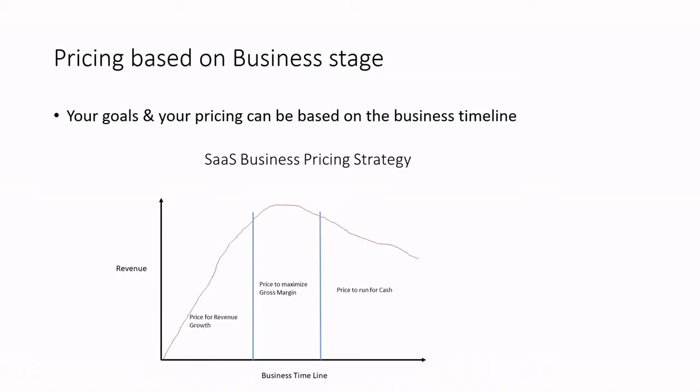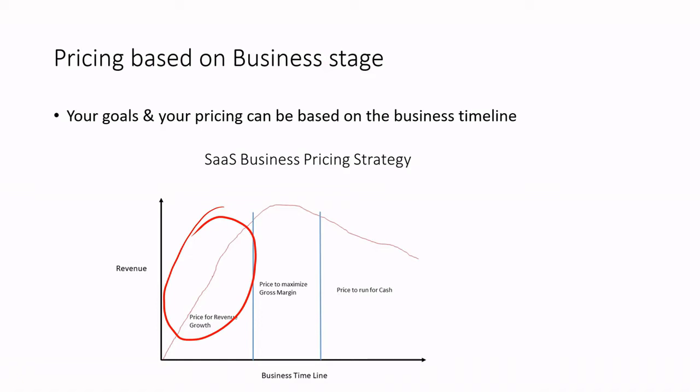And so for SaaS applications, as well as just general new business applications, businesses can go through at least 3 generic types of stages in their business life. In the first stage, we're trying to grow our business. And so we may use pricing strategies that help us to grow rapidly so that we can reach a critical mass of users, which makes our business sustainable.